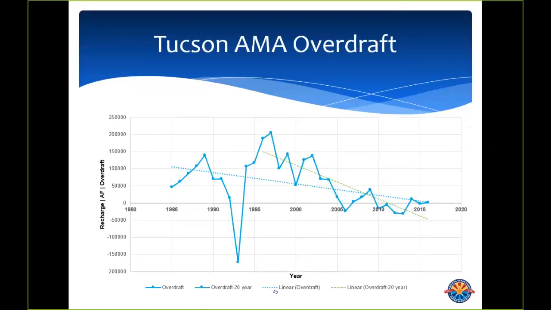So this really can be seen as a success story when it comes to talking about safe yield and meeting its goal. But again, even with this particular AMA and seeing progress toward its goal, there is still significant variability in this calculation over time.